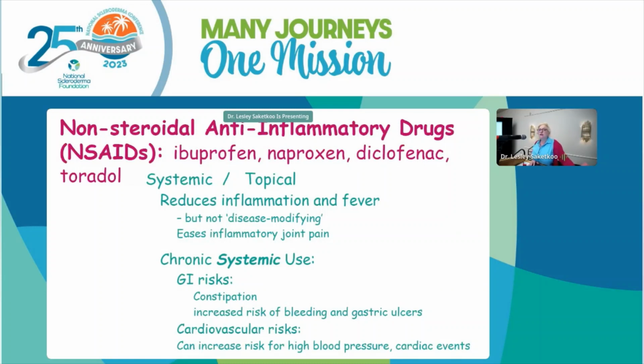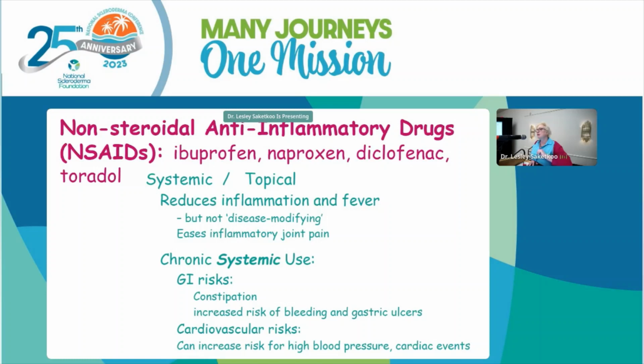Non-steroidal anti-inflammatories. Chronic use, you must be aware, comes with a burden. Even if you're someone with no risk of cardiovascular disease, it comes with the risk of developing cardiovascular disease. That's chronic use of ibuprofen, Aleve, Celebrex.